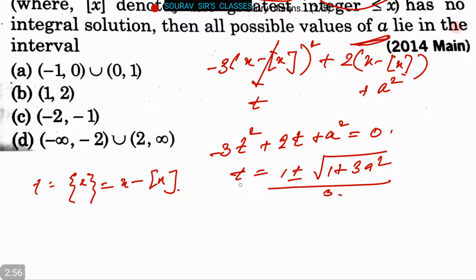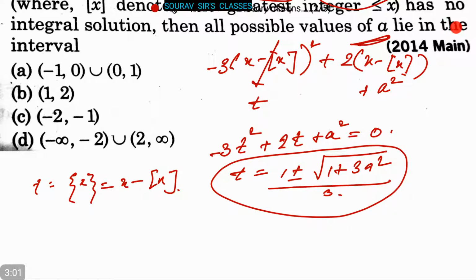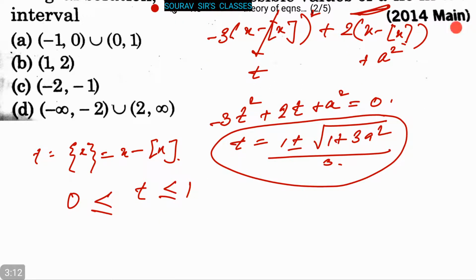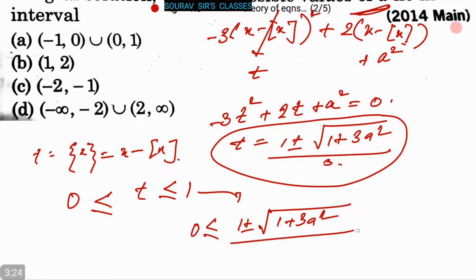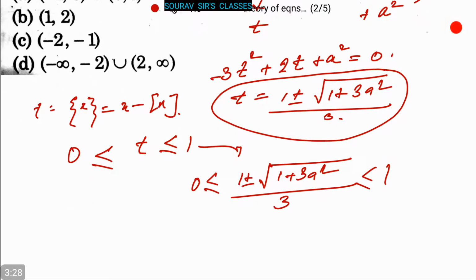So we know that this value of t will lie between 0 and 1, that is, greater than or equal to 0 and less than or equal to 1. So we need 0 to be less than 1 plus or minus root over 1 plus 3a squared, divided by 3, which is less than 1.